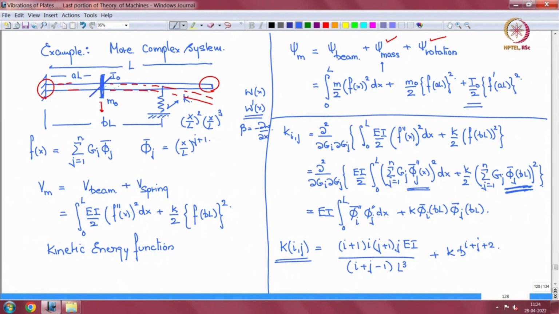I0 is the mass moment of inertia about this axis of the beam, that is mr square by 2 for the disk. Now we are looking at rotations of this form, rotation of the disk of this form.